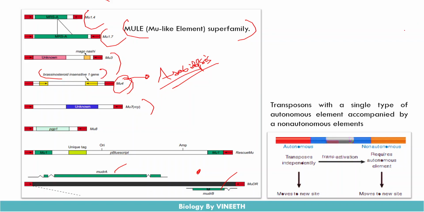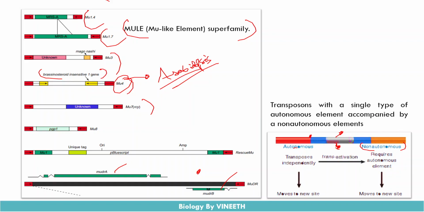If you look at the actual structure of this mutator transposon, the autonomous transposon and the non-autonomous transposon element are separated by some kind of intervening sequence, or spacer region. This spacer region separates the autonomous and non-autonomous transposons on the chromosome.